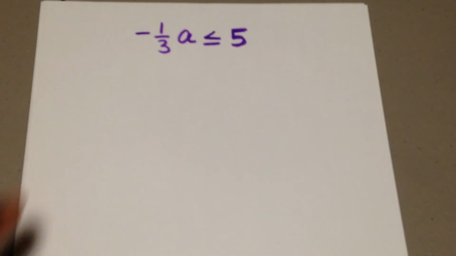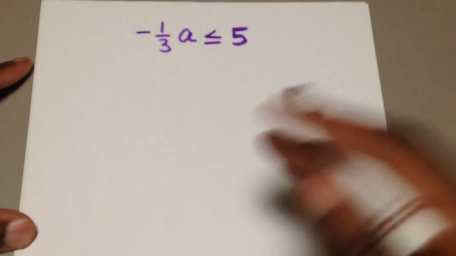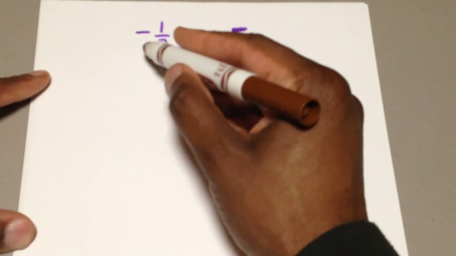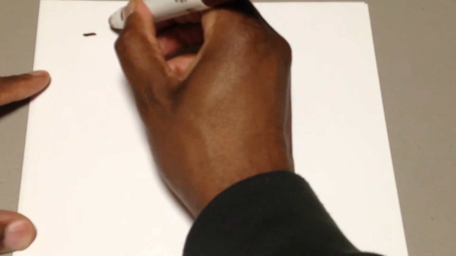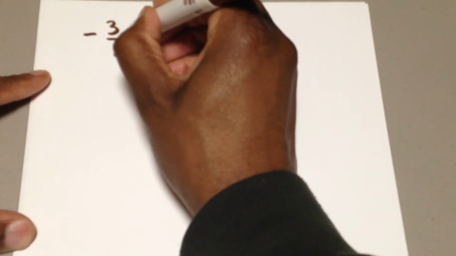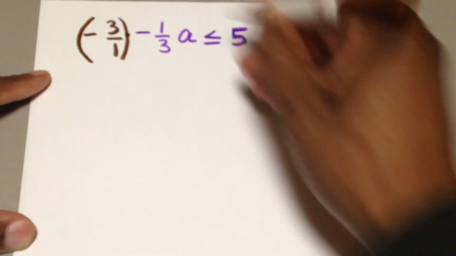For this one, to get the variable by itself, I'm going to multiply both sides by its reciprocal. The reciprocal for negative 1/3 is going to be negative 3/1. Let me put that in parentheses so we can see what I'm multiplying this side by.